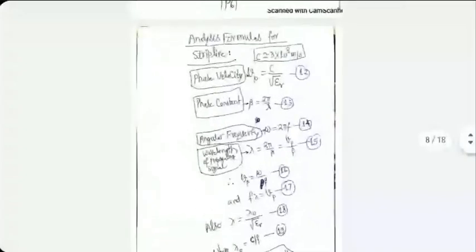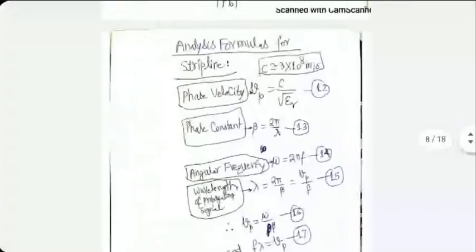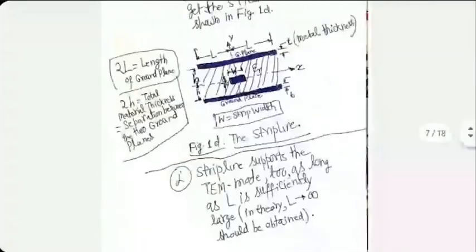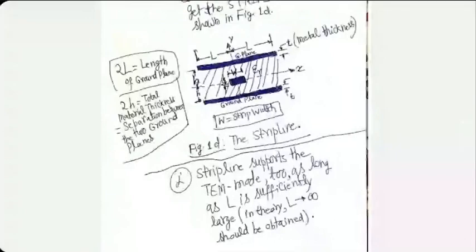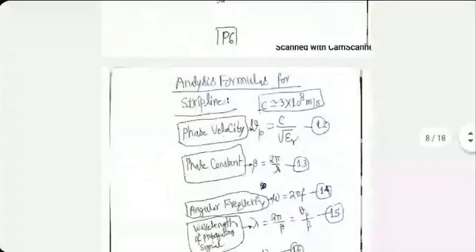So the equations that I'm showing you, the speed of light, of course, is the fundamental constant that would show up everywhere. Phase velocity has been shown to be the speed of light divided by the square root of the dielectric constant of the material between the ground planes. It will be proven to you in the second half of the course anyway.